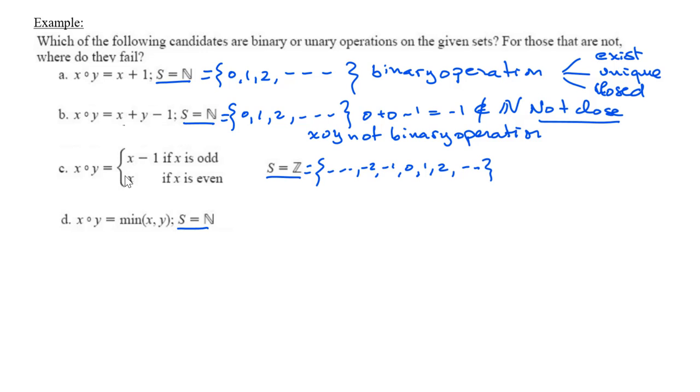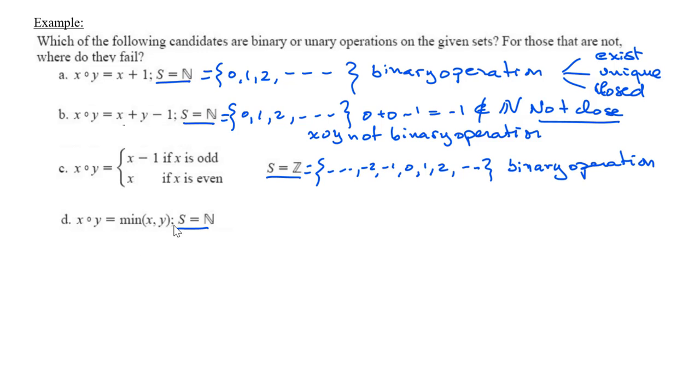So my binary operation does exist. I always get some answer, and it is unique. When I pick a number, I don't get two answers for that number, so it's only one result. And it is closed because every time I do this operation, I pick either odd or even, I will get some number which is part of Z, and therefore it is a binary operation.